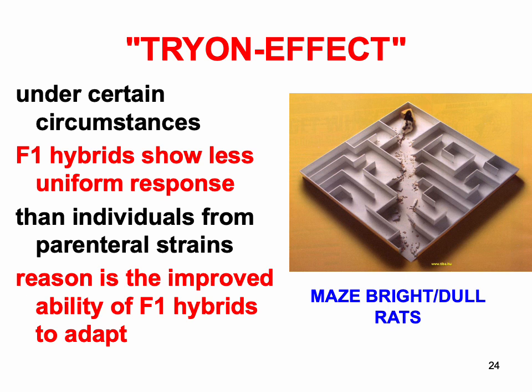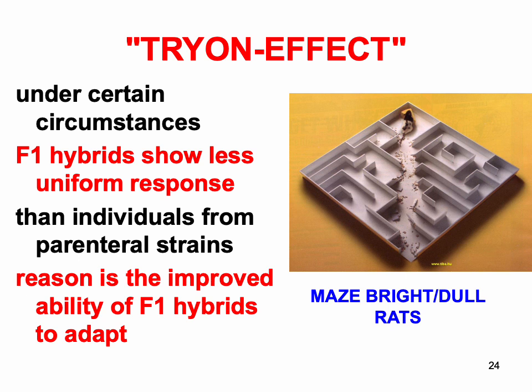He initiated the experiment by exposing a genetically diverse group of rats to the maze, labeling those who made the fewest errors bright and those with the most errors dull. Tryon then mated the bright males with bright females and the dull males with dull females.